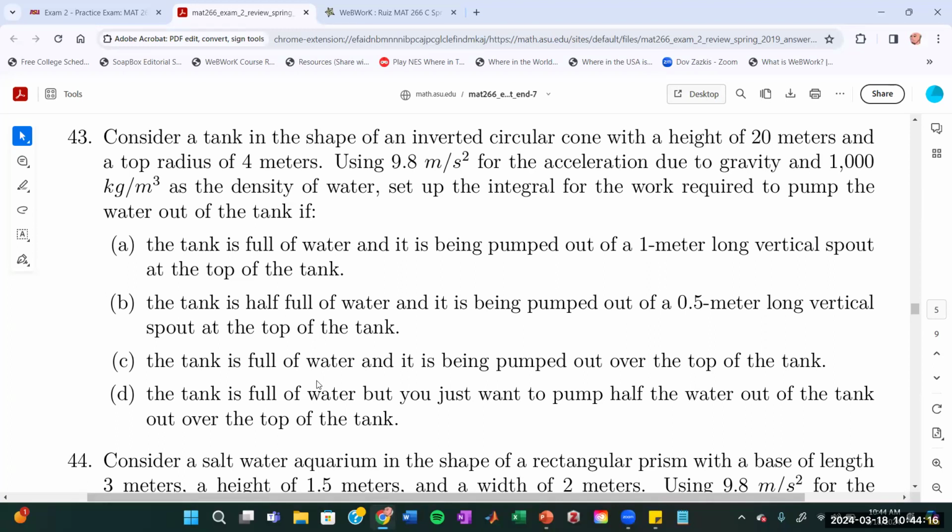Full of water? Am I taking it all the way to the top? There's a spout about 1 meter. All right, cool. Now what?